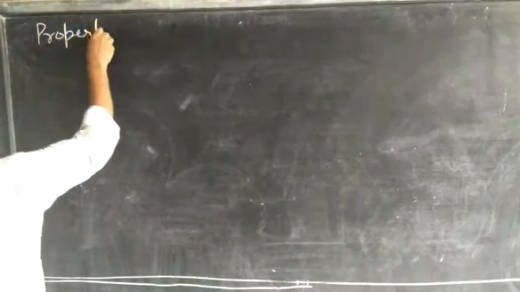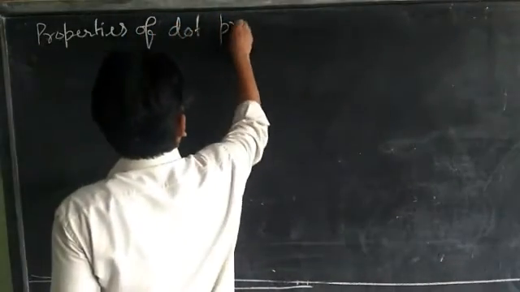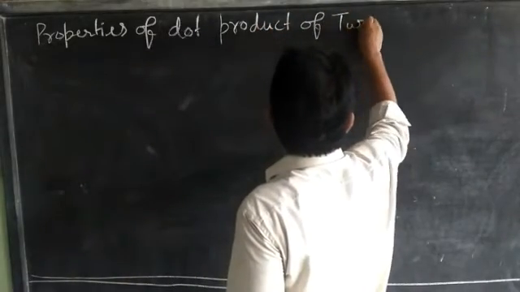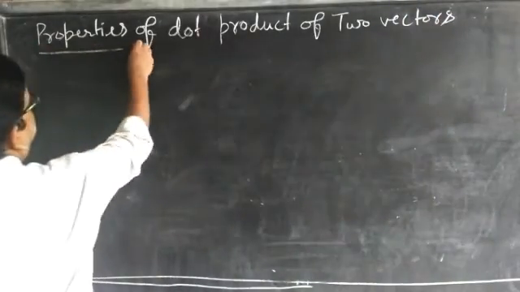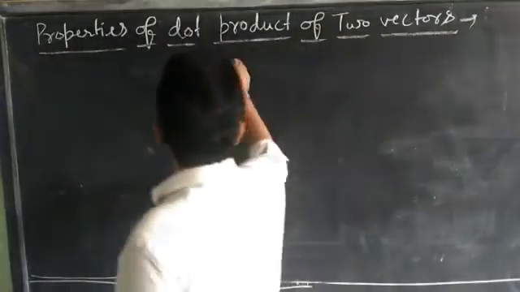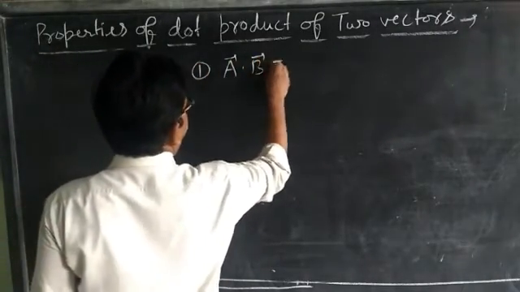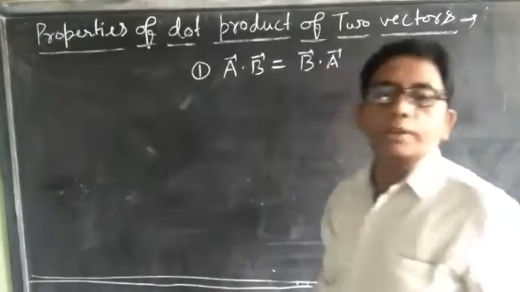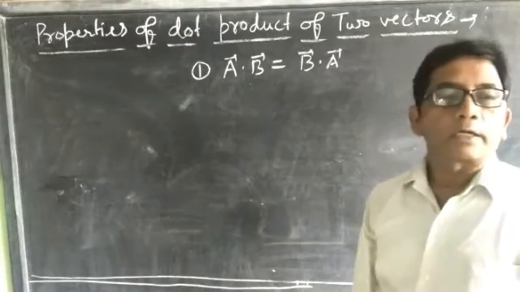First property: vector A dot vector B is equal to vector B dot vector A. This is the commutative law. We know the dot product of two vectors is commutative.